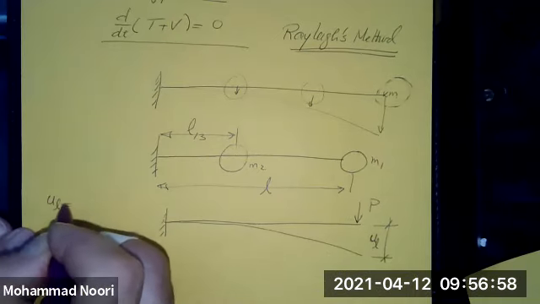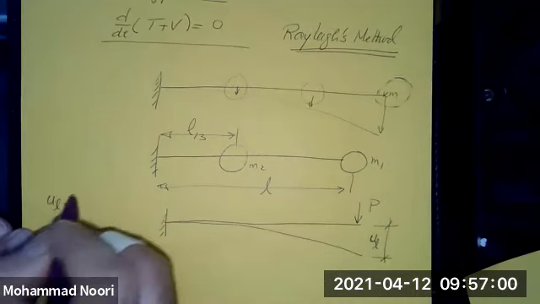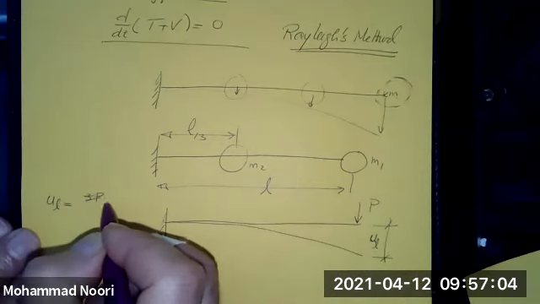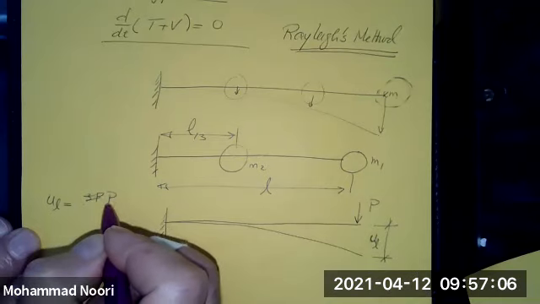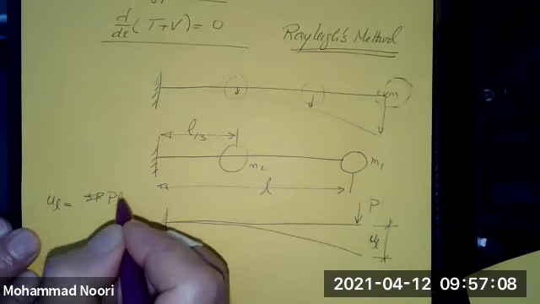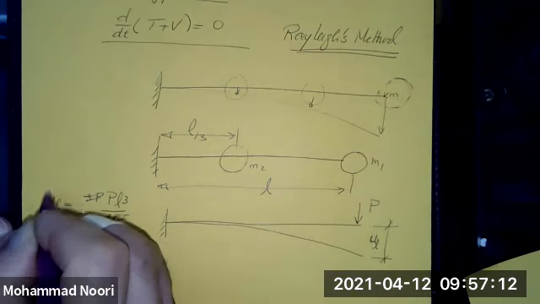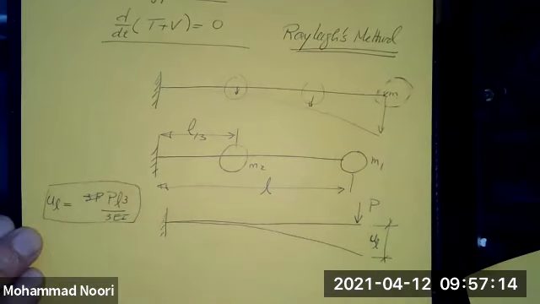U sub L is P L cubed over 3 E I, right? That's what that displacement is.